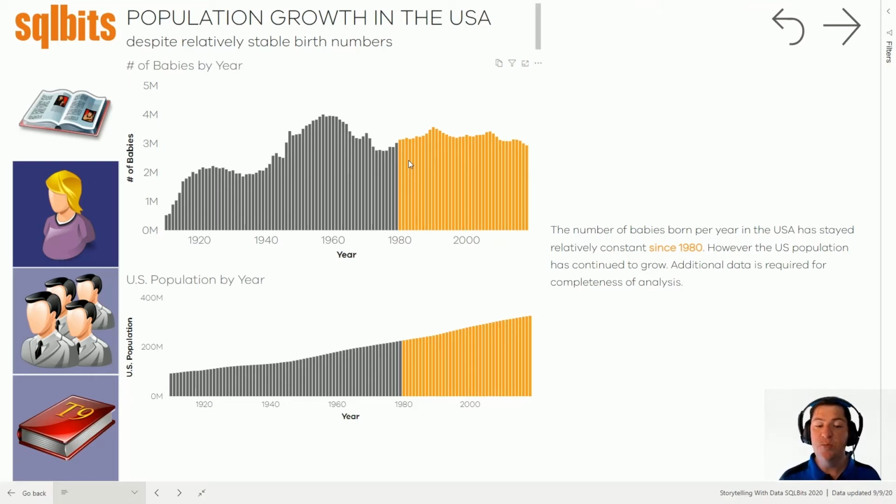Because at this point, if I were trying to mislead people, if I were trying to create fake news, as they call it, I could easily use these two graphics to create some sort of emotional response in people by talking about how the number of people born in America is going down, but the number of people living in America is going up, and therefore there must be this scourge of immigration.